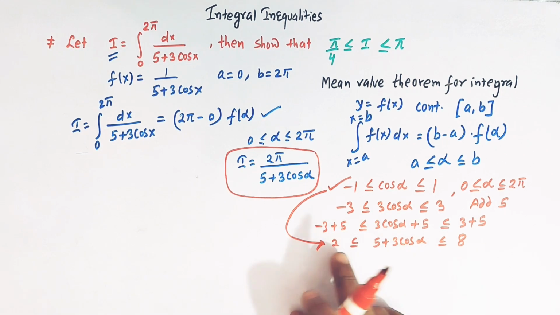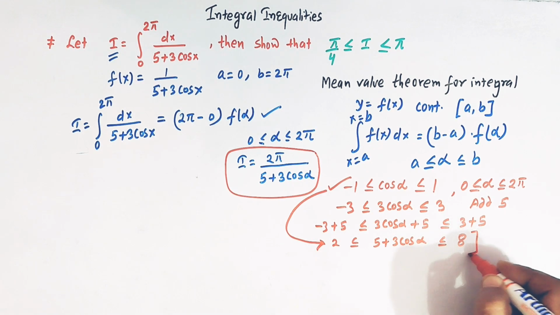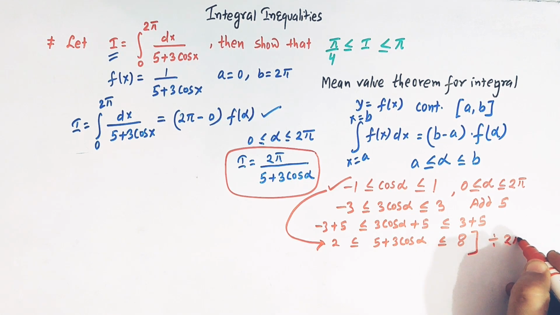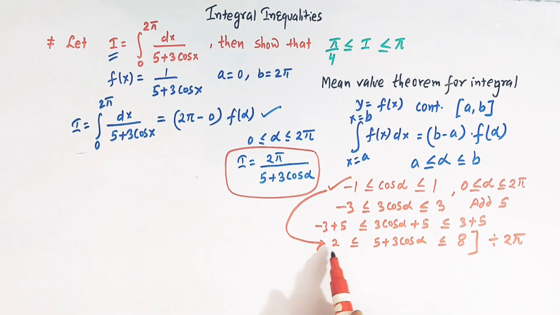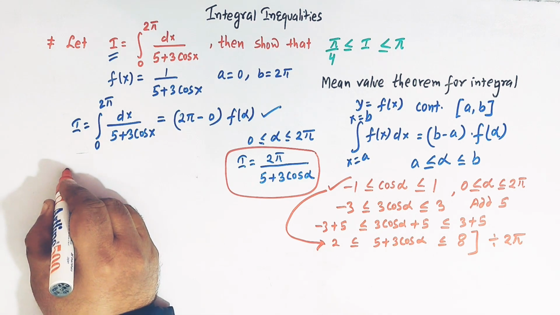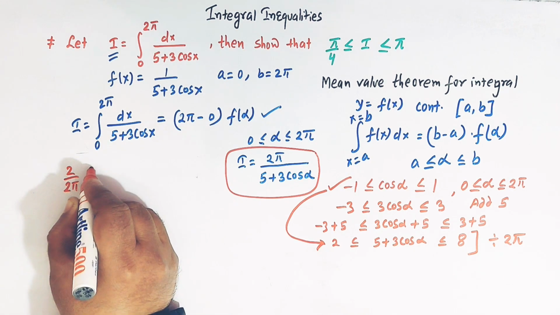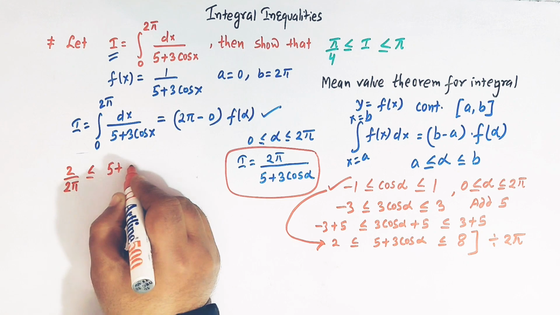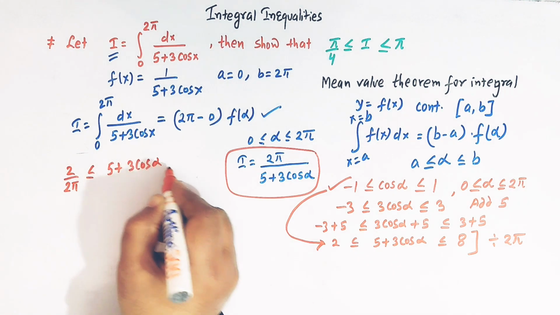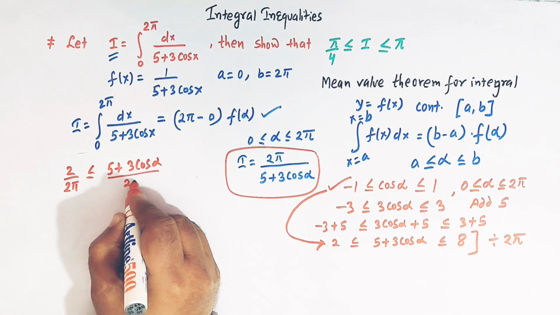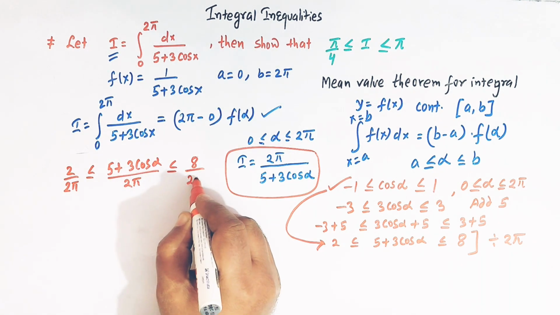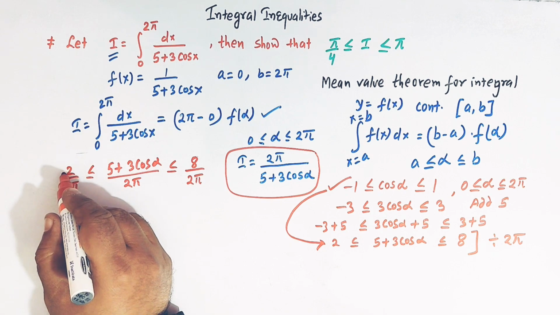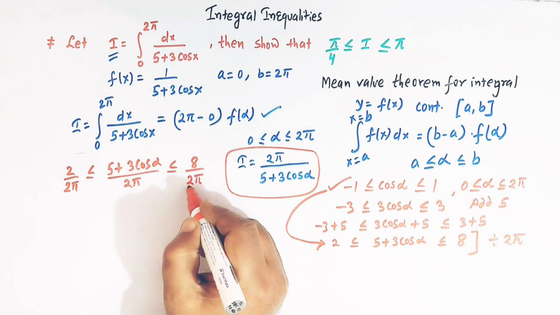Now let us divide this inequality throughout by 2 pi, because here we have a factor 2 pi. We get 2 over 2 pi, then 5 plus 3 cos alpha divided by 2 pi, and 8 divided by 2 pi. Now we can cancel the common terms.